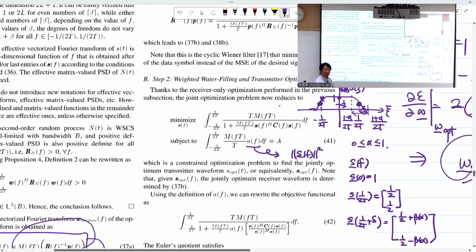Anyway, let me extend this a little bit more. Here, another idea is this one. Suppose you already have A of F, optimal A of F, or some A of F. So at each F, you know this, then can you minimize that one? Actually, it is true.